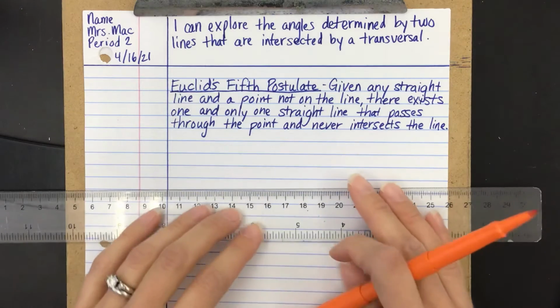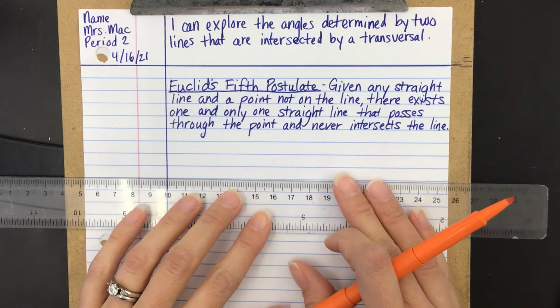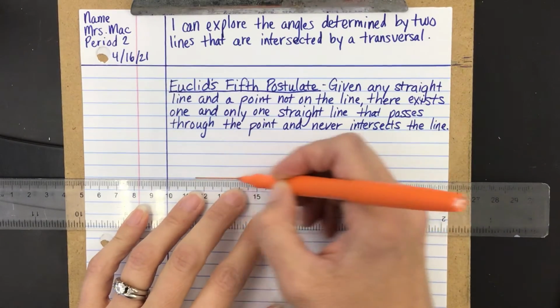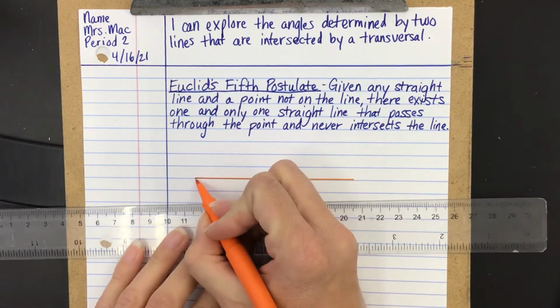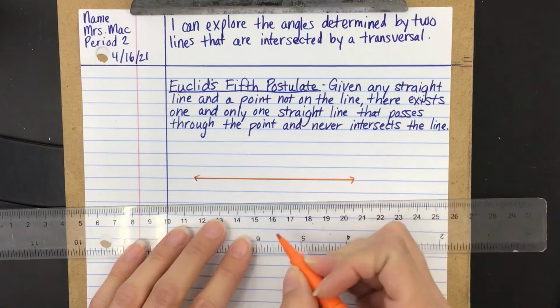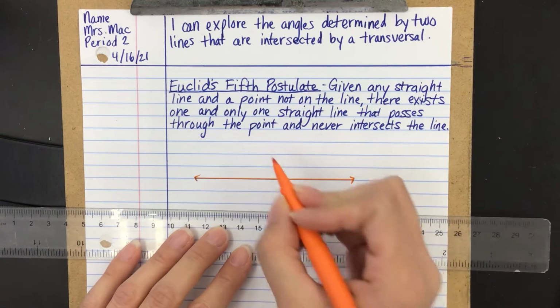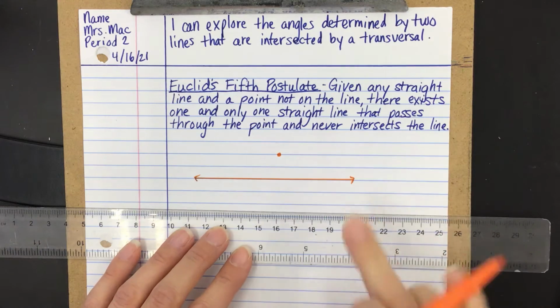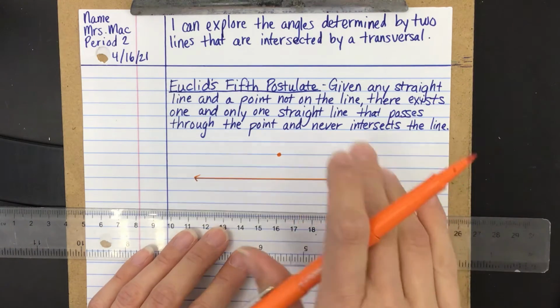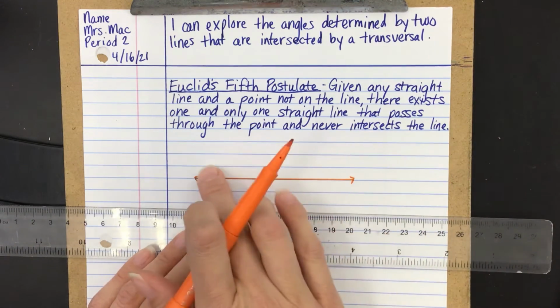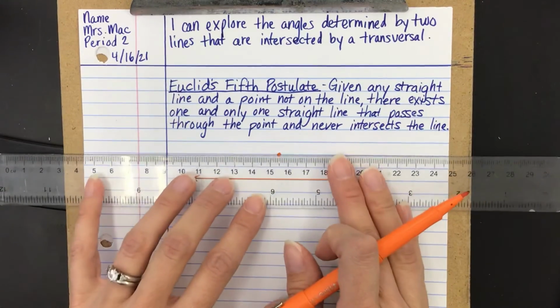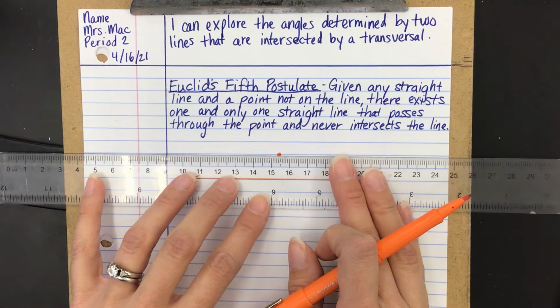So you have a line. You have a point that is not on the line. So maybe right here. And this postulate says that there is only one line traveling through that point that will never intersect this other line. So I'm going to draw that in.